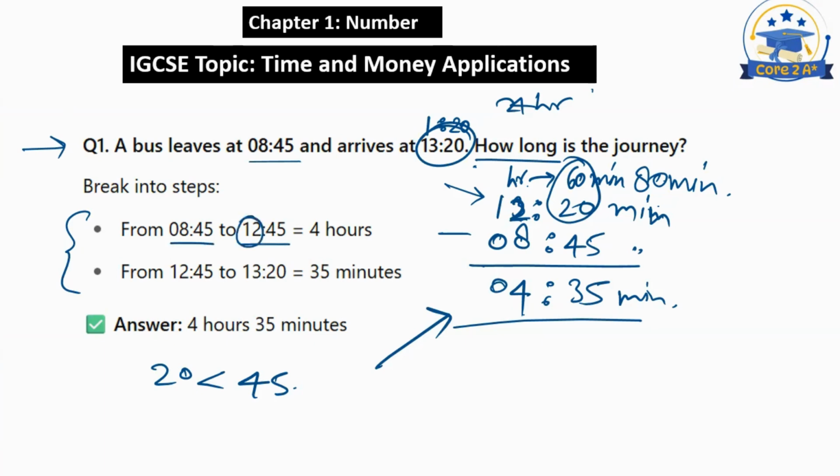Why is it choosing 12? Because we don't have any hours after 12. We don't have any 13 hours. That's why it is choosing 12. After that, now you can go with 13. So that's how you can subtract. But I will say again, this one is the best one.